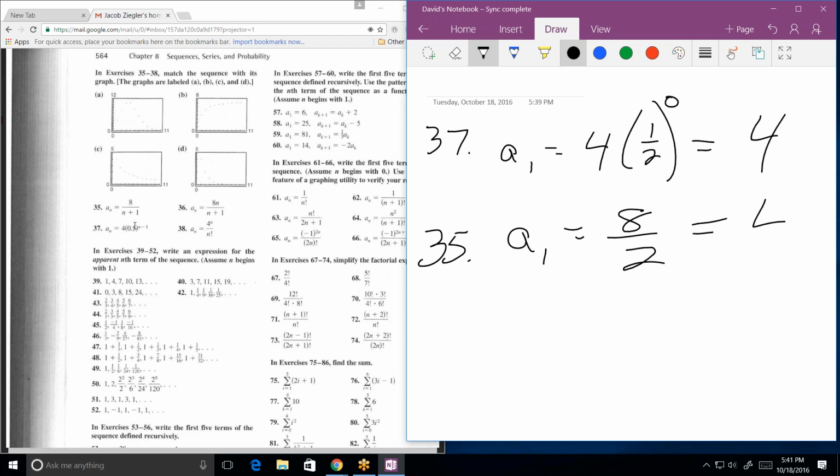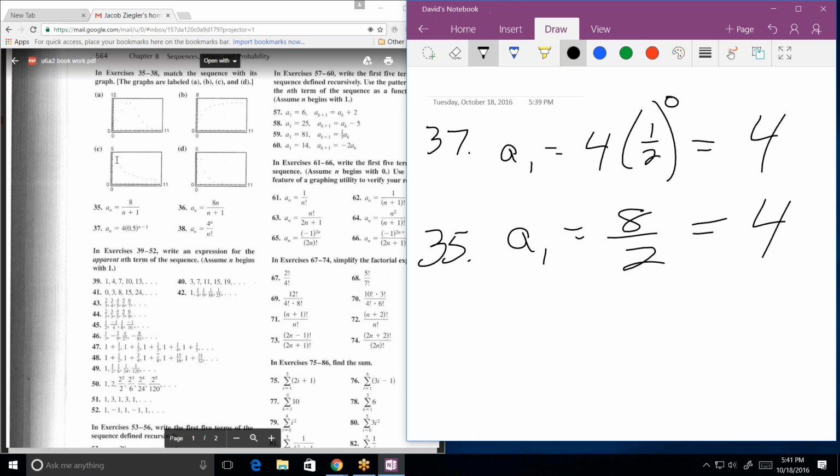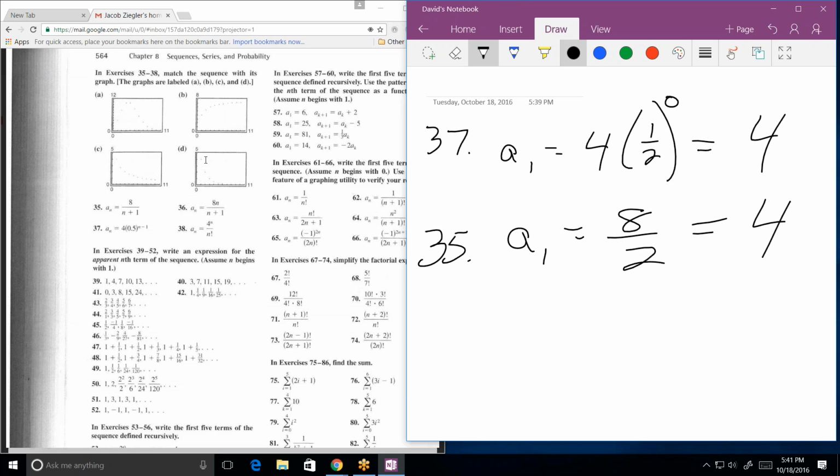They both start out at 4. And you'll notice that the first dot is at 4 there, and the first dot is at 4 there.